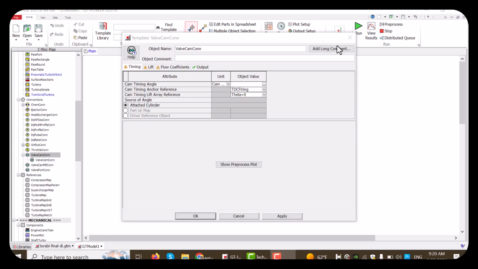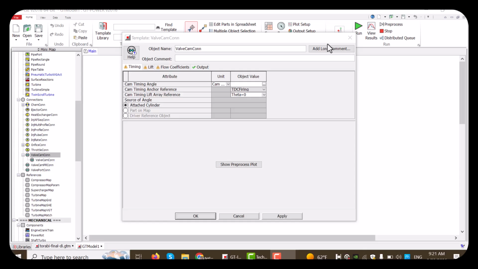Cam timing anchor reference. This defines the reference point used to position the cam timing event. It tells GT-Power from which crank angle the lift profile should be aligned. Common references are TDC firing, TDC gas exchange, or BDC.